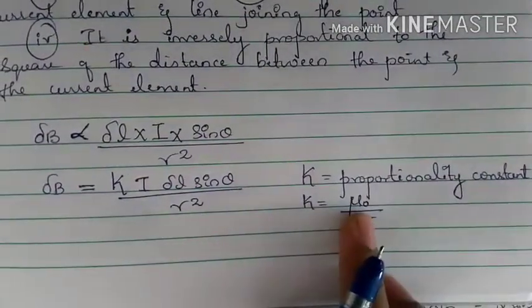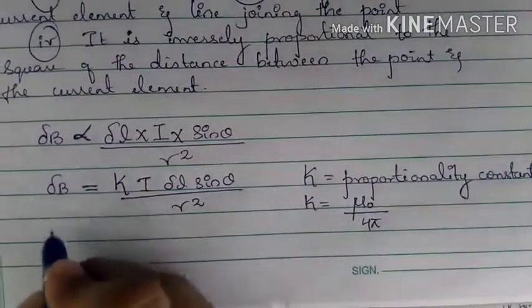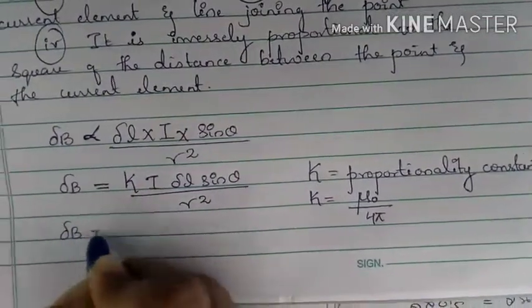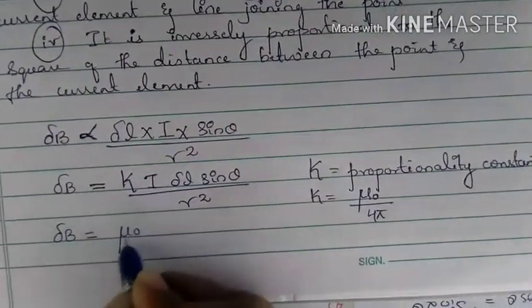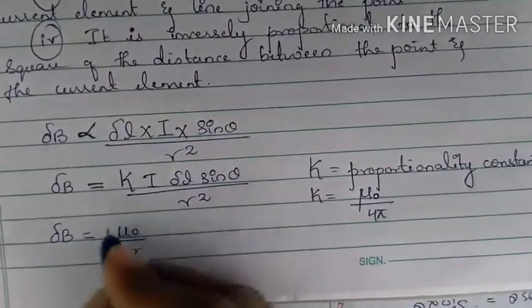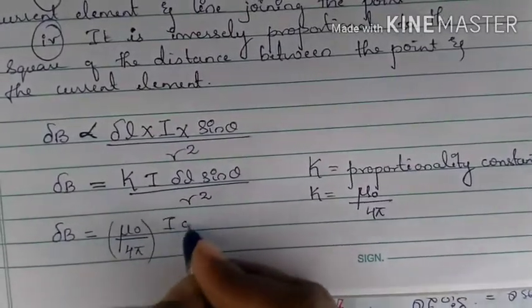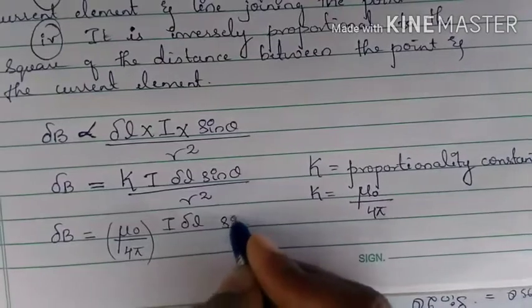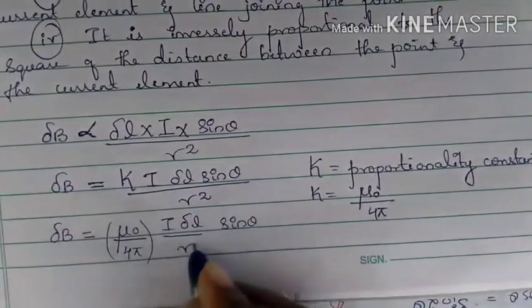Now substitute this value of K in this, and what you will get is delta B is equal to mu naught by 4 pi I delta L sin theta by r square.